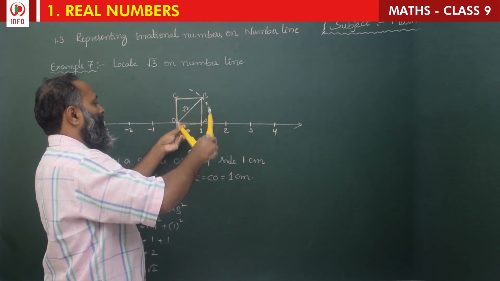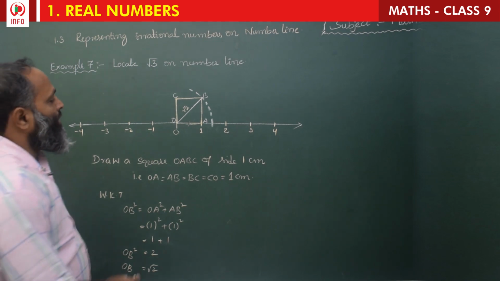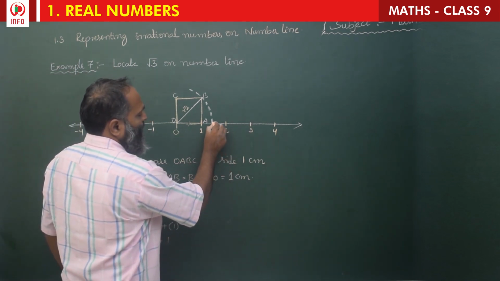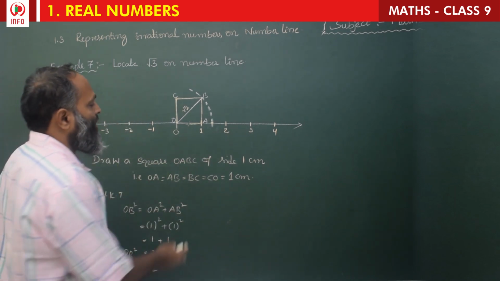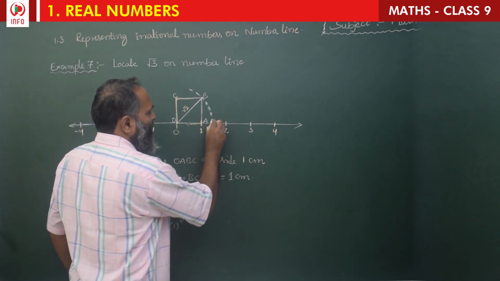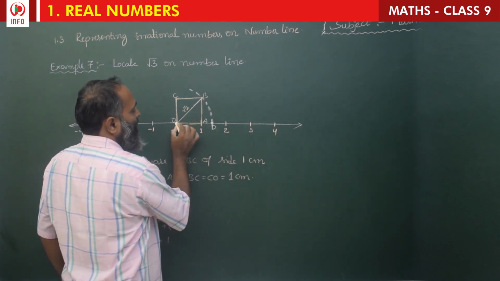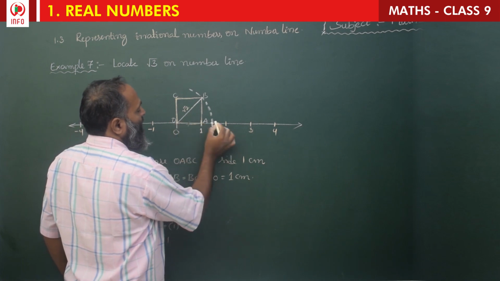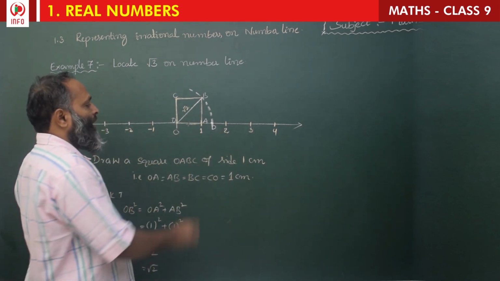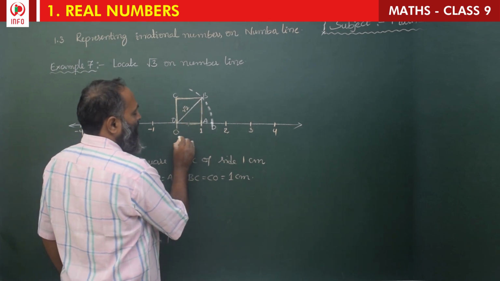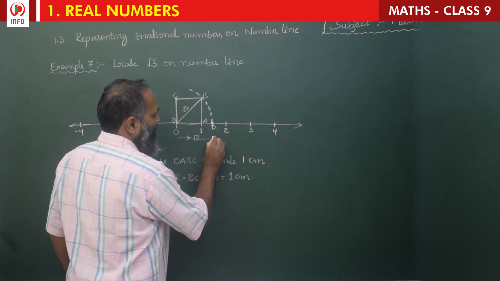This is our arc, which cuts the number line at this point D. So this point is D. It means OB length is equal to OD length. OB and OD are both radii of the circle. If OB is equal to root 2, then OD is also root 2. This is the representation of root 2.